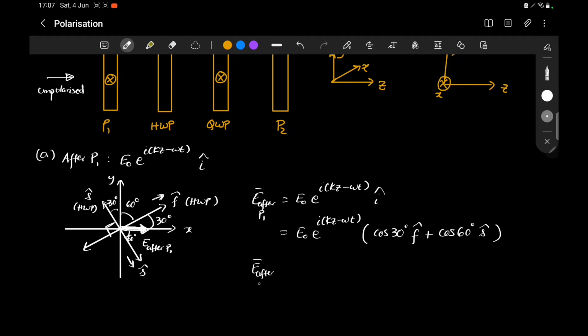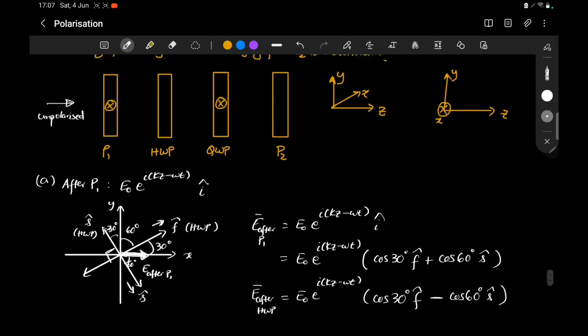So after half wave plate, we will have the following: minus of cosine. So we just saw that only this phase of pi would be introduced between F cap and S cap components. So this would lead to this minus sign coming over here.